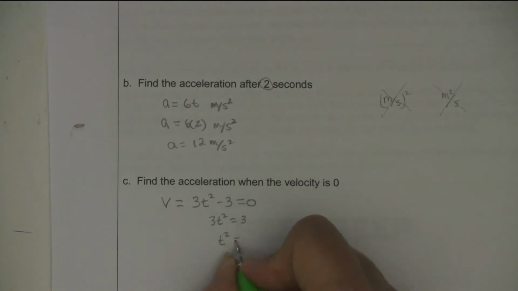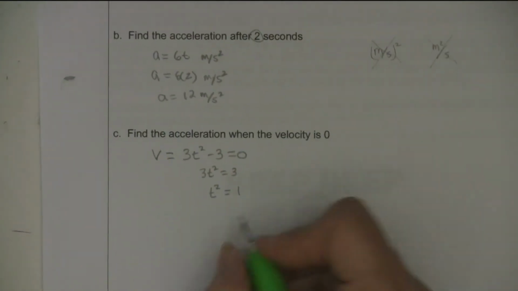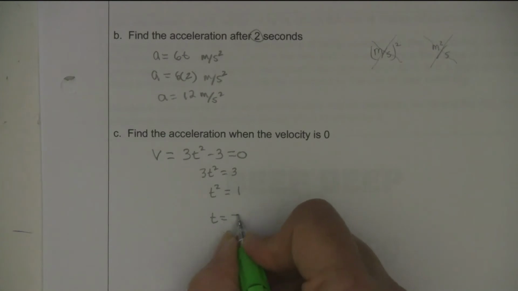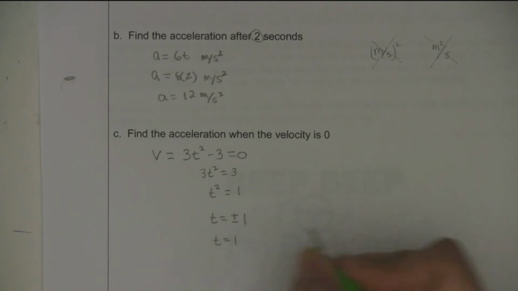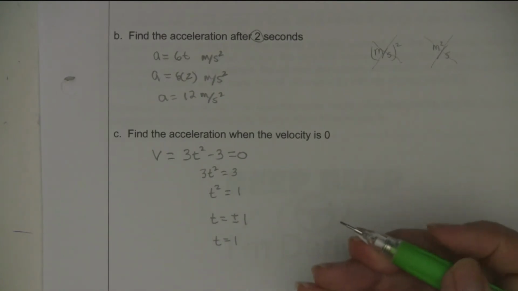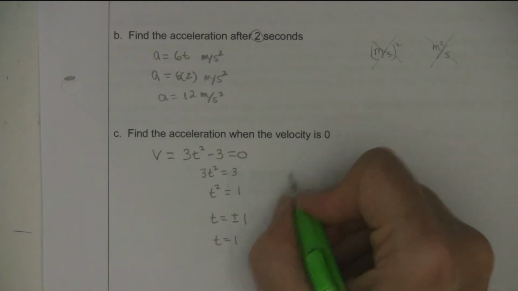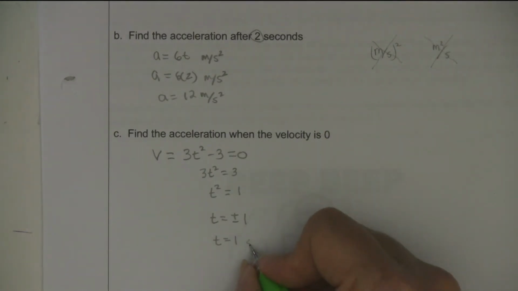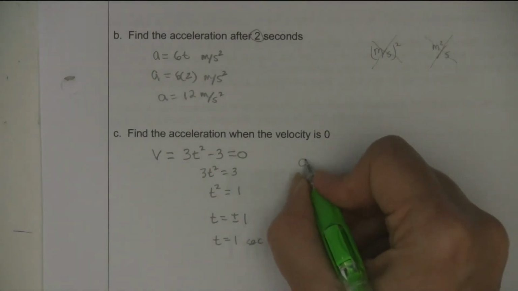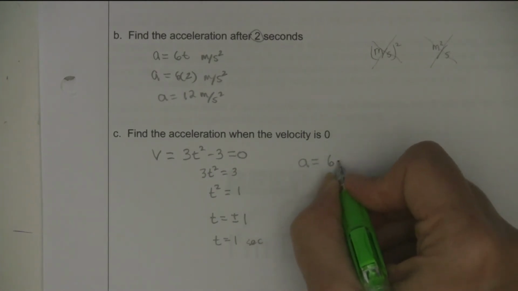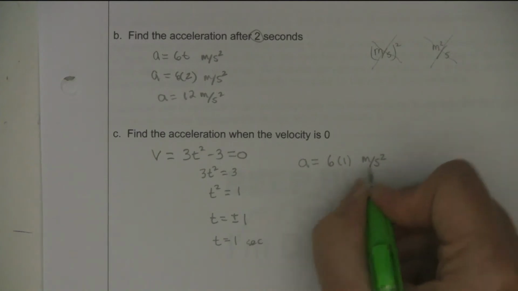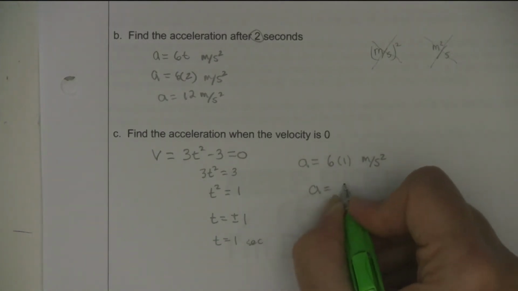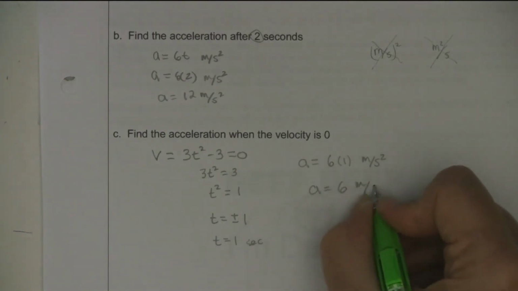So I get t squared equals 1, right? And so t is truly plus or minus the square root of 1, which is 1. But time shouldn't be negative, so it should just be 1. So they're really asking me to find the acceleration when the time is 1. So I just found the time is 1 second. The acceleration is 6t, which is 6 times 1, so the acceleration is 6 meters per second squared.